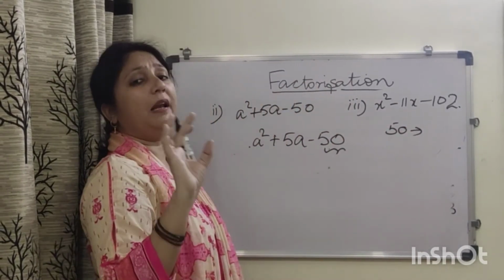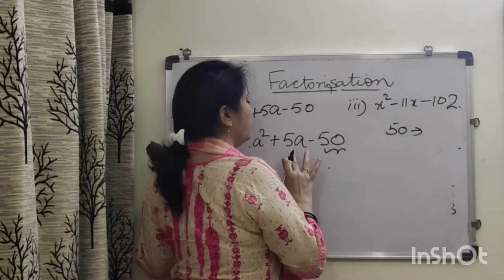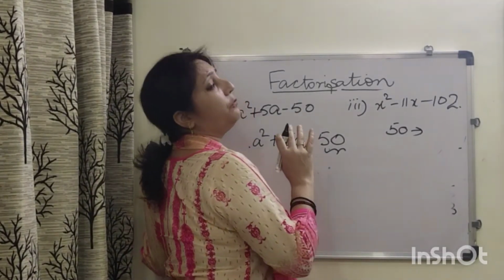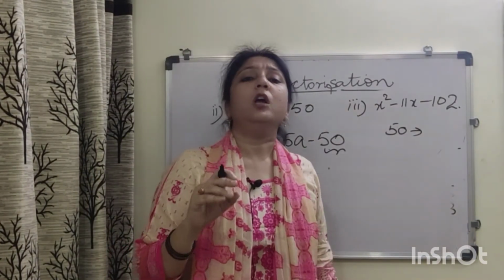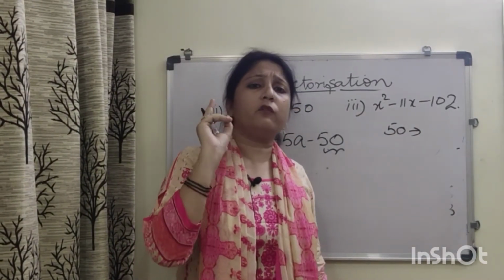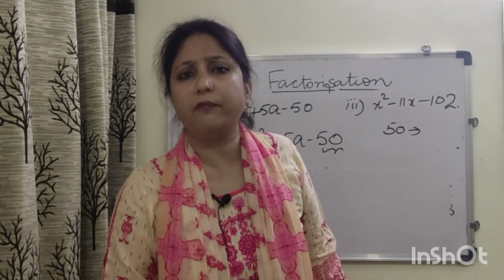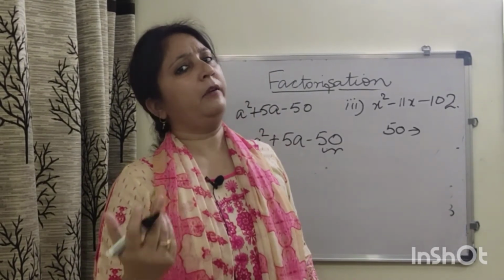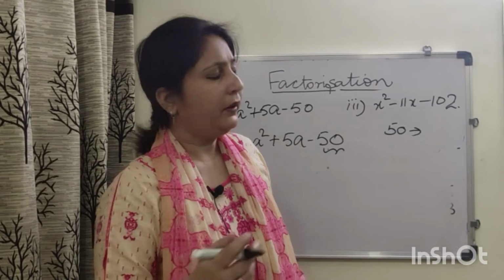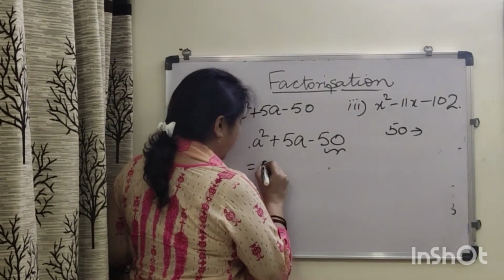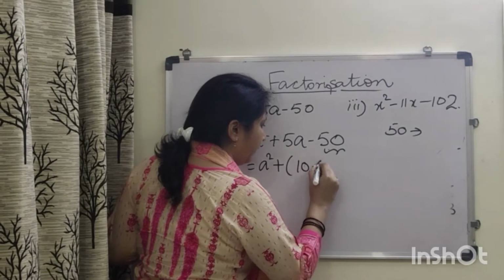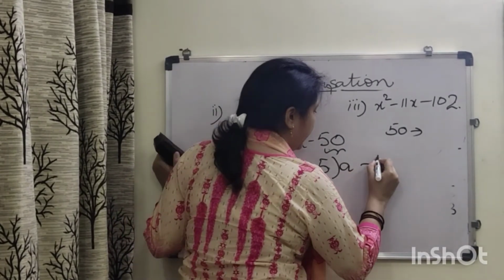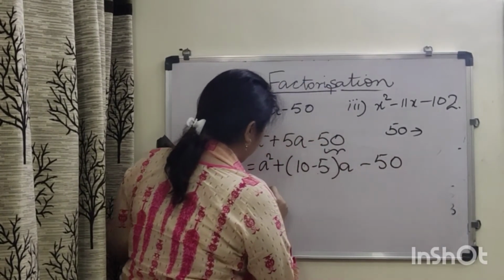But you select the two factors whose sum or difference is 5. The first that strikes to your mind is 10 fives are 50. And 10 minus 5 is 5. So we take a square and in bracket we write 10 minus 5 times a minus 50. Children, now release this bracket.